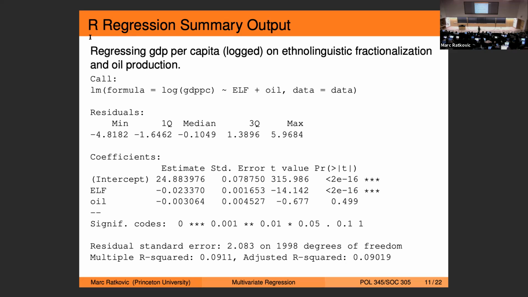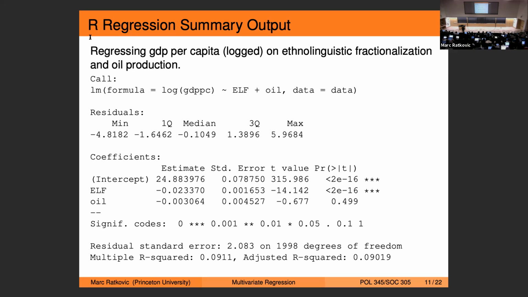So we found a statistically significant relationship between ethno-linguistic fractionalization and growth, GDP per capita, but we did not find one for oil. This is a monstrously naive regression if anyone studies growth economics. I just want to make that completely clear. I'm making no claims about what actually drives growth. This is to illustrate a regression with 2 variables, one of which is significant and the second one is not statistically significant.